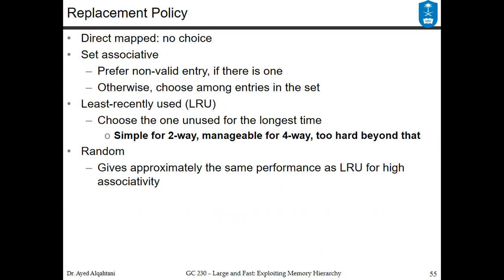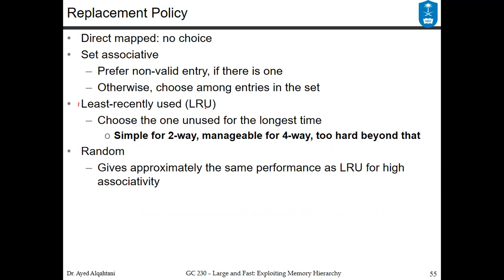At this point, you have 2 choices. One of them is kind of logical, and it looks logical to me as well, which is the least recently used. So if you have, for example, a 4-way set associative cache, you have 4 entries that are full with data, with valid bit equal to 1. So you choose the one that you didn't access the longest, which is the least recently used one.